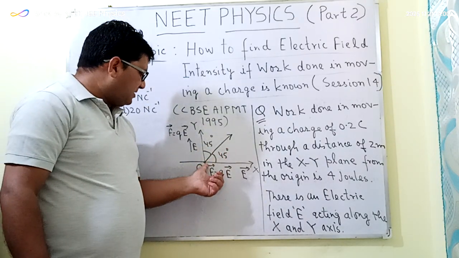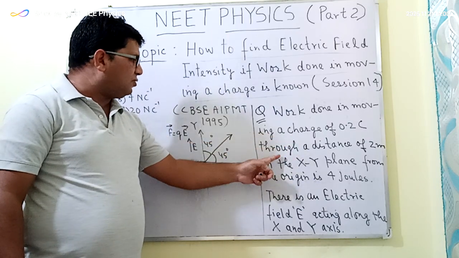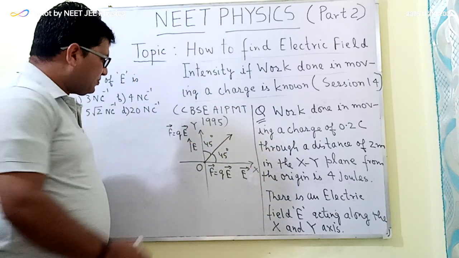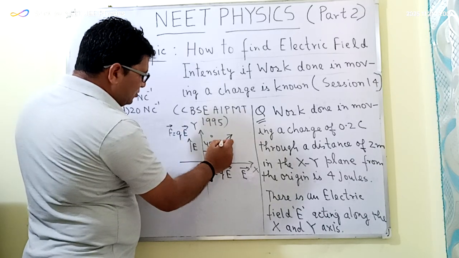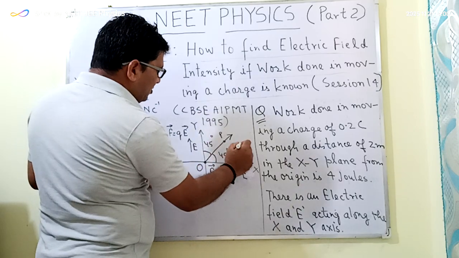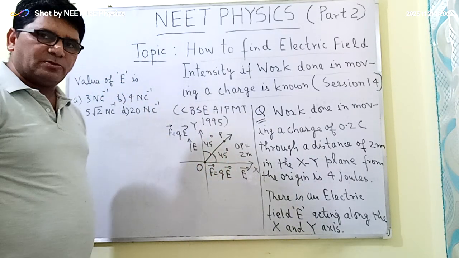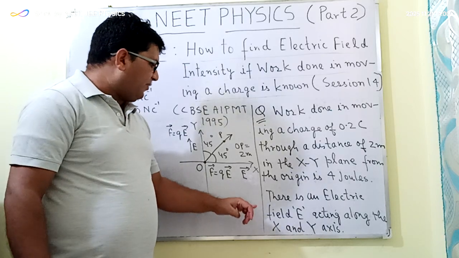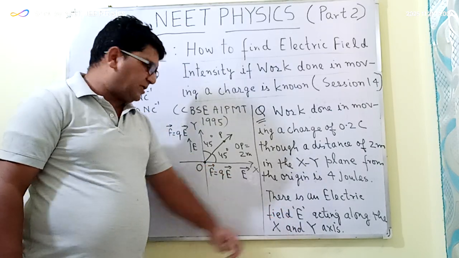Here the charge is moving from the origin. We have the work done in moving the charge from this position to, let us say, this point P, and OP is equal to 2 meter. That is equal to 4 joules. We have to find the value of the electrical field intensity.